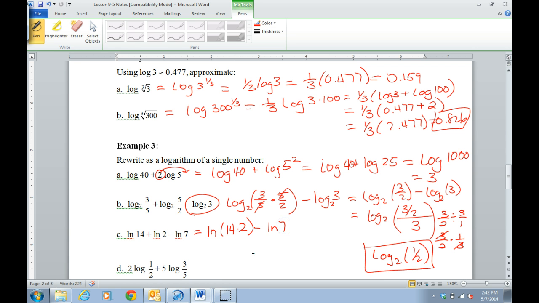Wouldn't it be divided? It will in a minute. So this will be natural log of 28 minus natural log of 7, which equals natural log of 28 divided by 7, which is what? 4. Yep. Natural log of 4. That's the answer for this one.